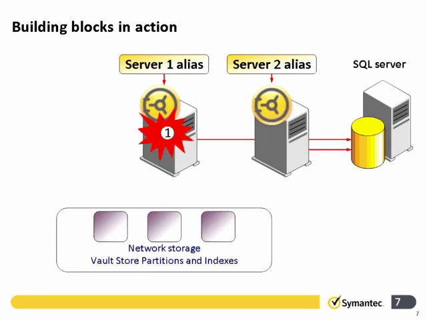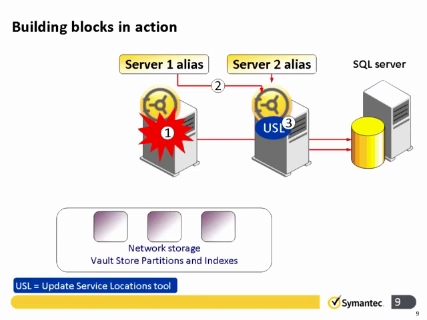What's going to happen is that server 1 will fail. When server 1 fails, I will have to go into the DNS manager and I will have to have the server 1 alias point to server 2. Once I have the DNS alias point to server 2, I will then run the update services locations tool to let the Enterprise Vault environment know that Enterprise Vault server 2 is now providing the Enterprise Vault functionality that server 1 had provided.